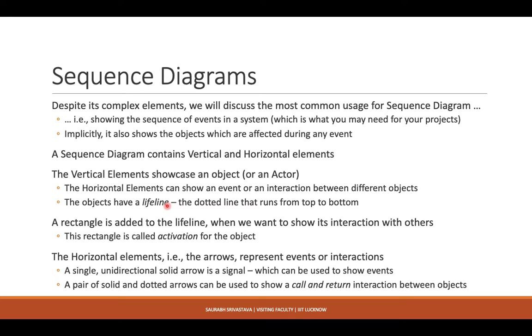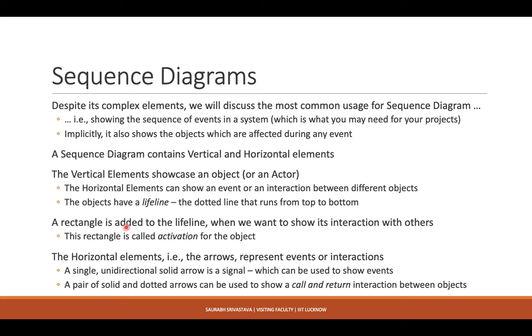It basically means that for the kind of scenario and behavior that I'm trying to show here, I use this dotted line as a lifeline, where we show the different types of interactions that this particular object goes through. Now, a lifeline is like an assembly line. Okay, it is plain, it doesn't really have anything concrete.